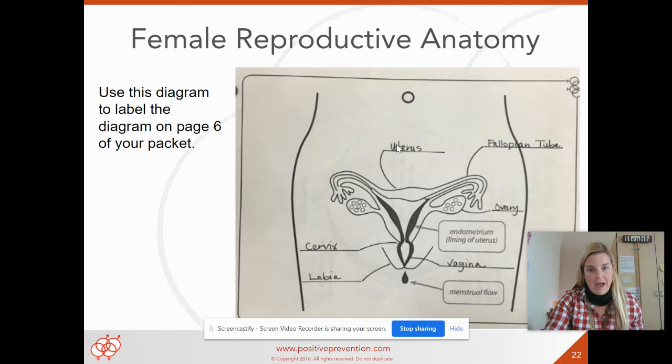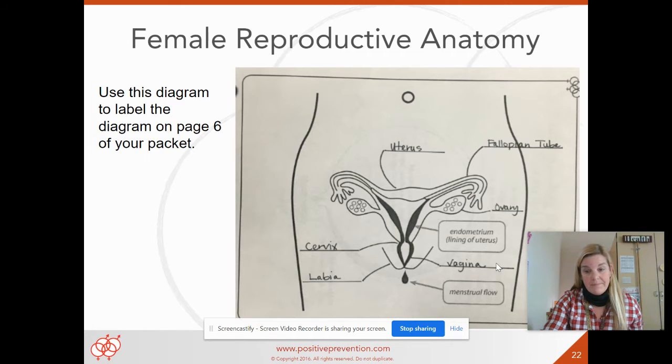All right, I'm going to start at the top and again work clockwise. So page 6, right at the top is the uterus. Moving to the right, clockwise direction, we have a fallopian tube. Below that, ovary. Below that, but filled in for you, it's pointing to the endometrium or the lining of the uterus.